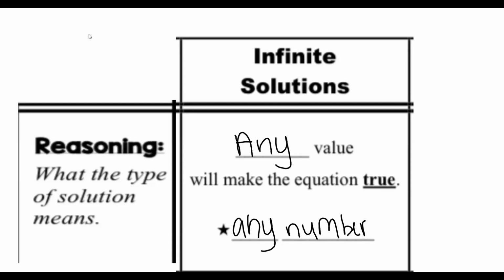If you remember in the beginning of class, that's when we saw a graph that overlapped. That's kind of ugly, but you get the point. That's one line, and then the other line completely overlapped. So that means they shared each and every point. So any number would make that system true, or any number would make that equation true.